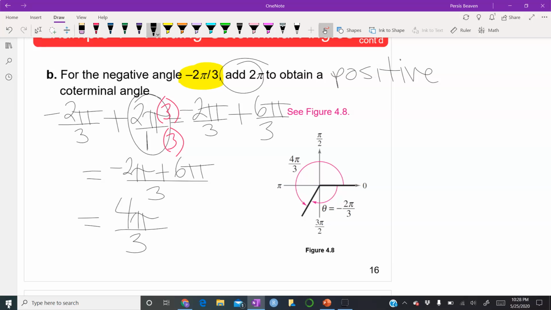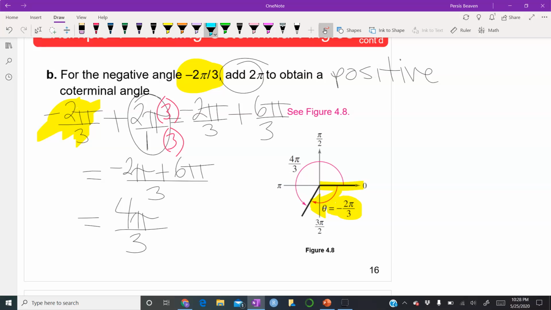Now let's trace both of them. The first one I'm going to trace, let's use the yellow highlighter, is negative 2 pi over 3. That is in the negative direction, so clockwise. We still start with the positive x-axis, but we move in this direction, and that is negative 2 pi over 3.